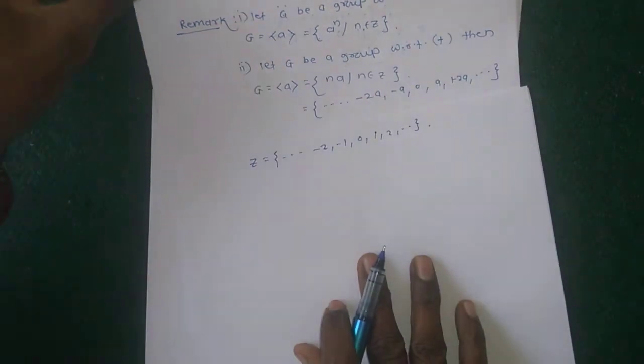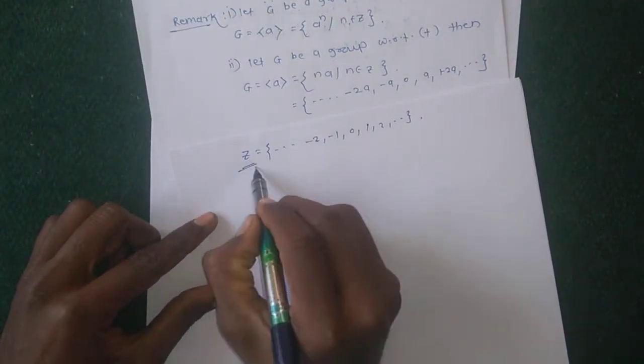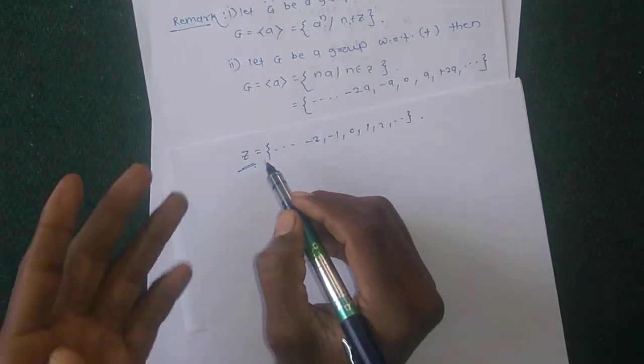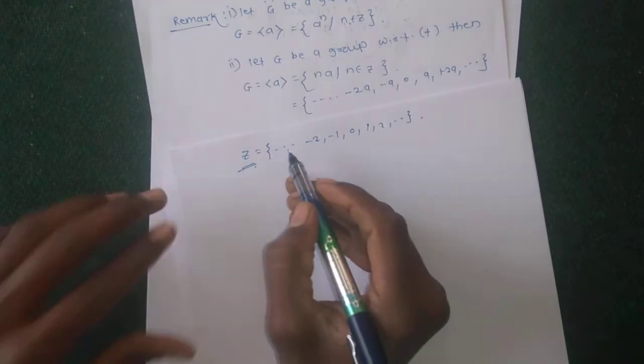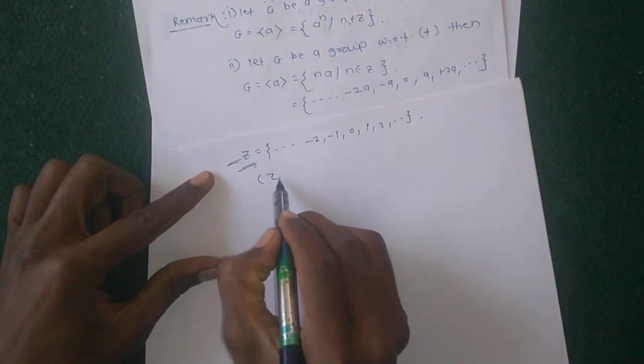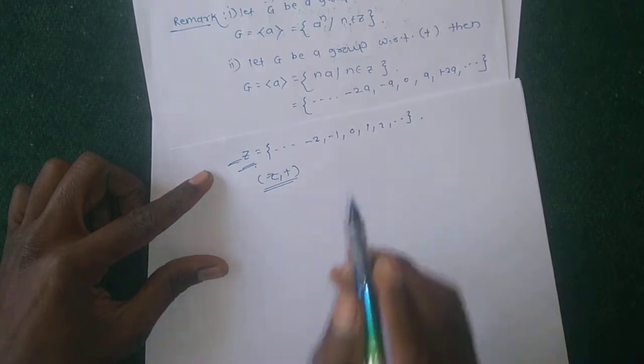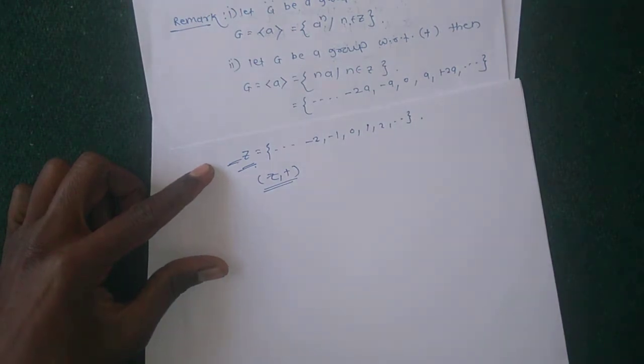Is the set of integers Z a cyclic group with respect to addition? How do we prove it? Z is a group with respect to addition. So how do we prove it is cyclic?